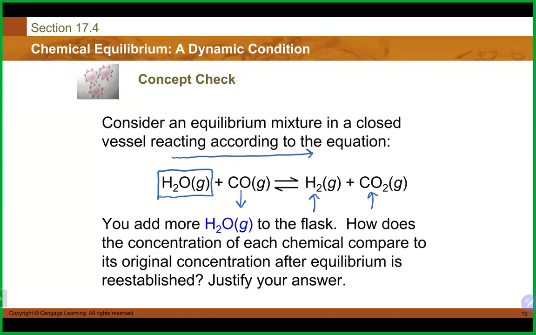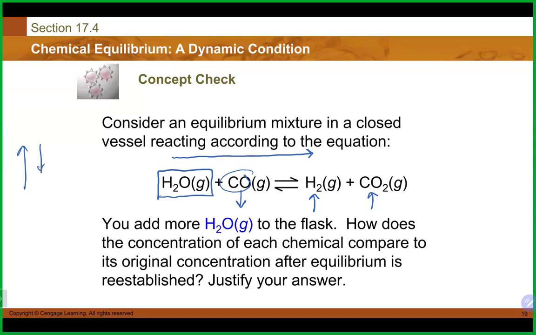Now, what happens with water in this case? Well, water is kind of a weird one in a sense because what's truly going to happen is water is going to go up, and it's only going to go up because you added it yourself. So you artificially inflated it. But what happens is you'll see a jump in water, but when water and the CO start to react, you will then see the water start to come back down as well.